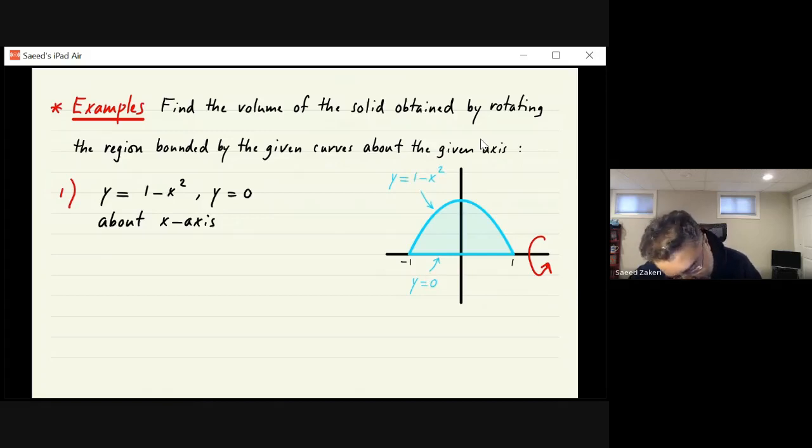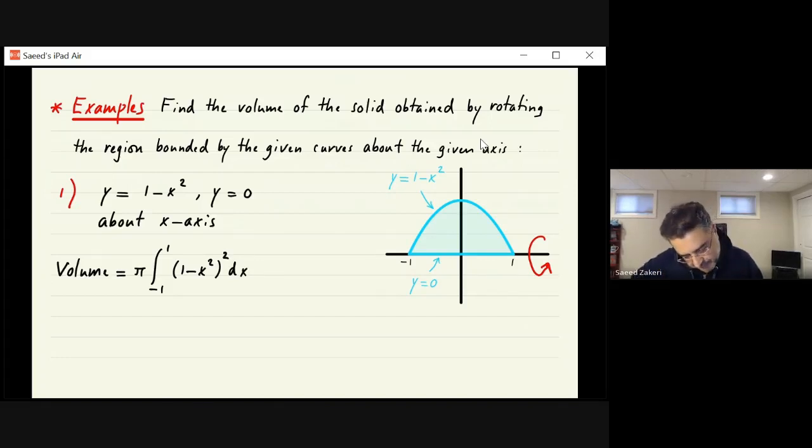So the volume will be pi, integral from -1 to 1 of my f of x, which is 1 minus x squared dx.